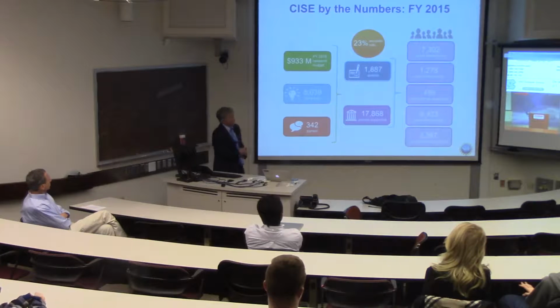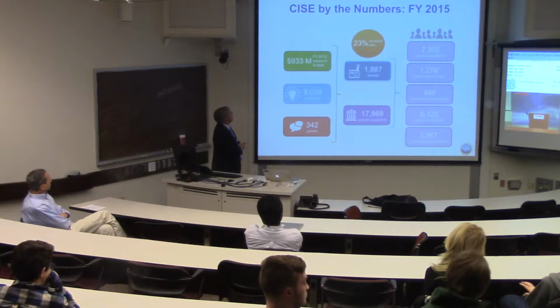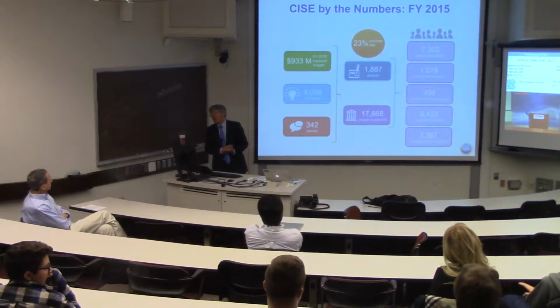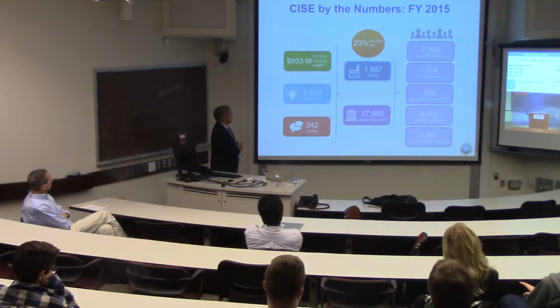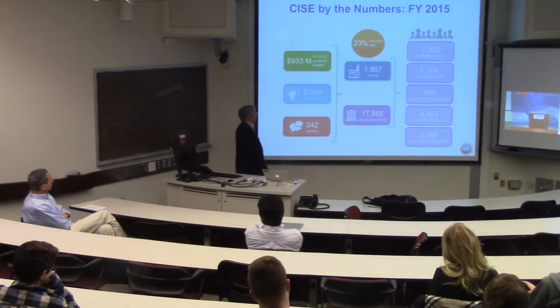Let me show you one more infographic here, because this is something that people often find interesting. So the budget for the CISE Directorate, well, we don't know what our 2016 budget is yet, so we're in a continuing resolution there.